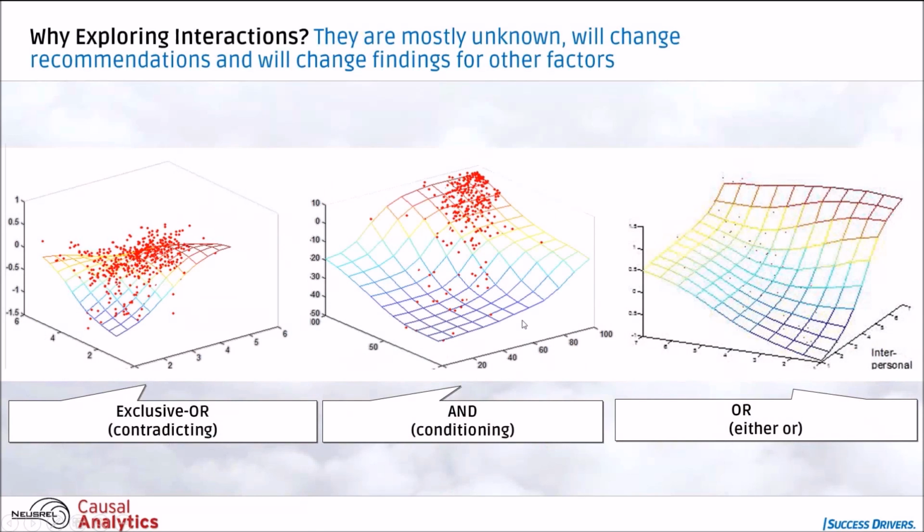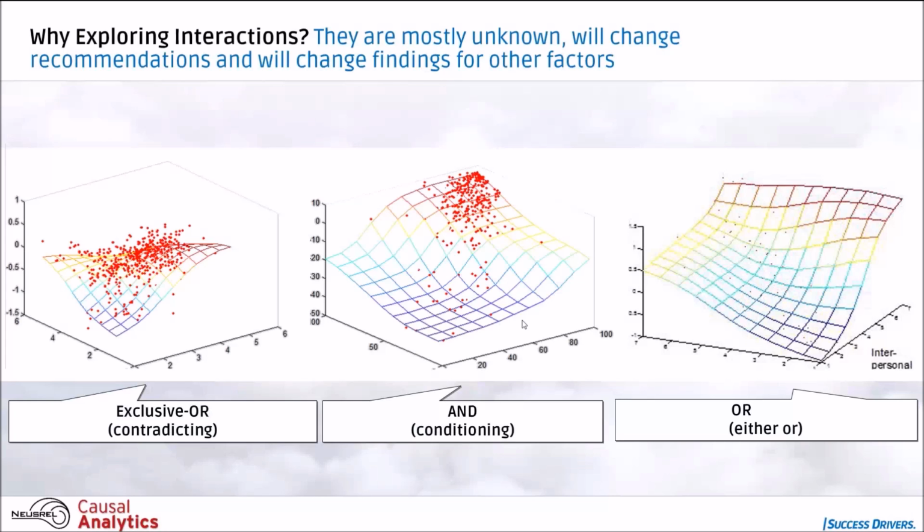These are the interaction effects we get out of NEUSREL. There are also many different effects which are possible. You can draw any kind of wave you like, basically. But the most fundamental things you will see are AND, so a conditional, which is in the middle. So basically an impact can only be achieved if you have both success factors at the same time given.